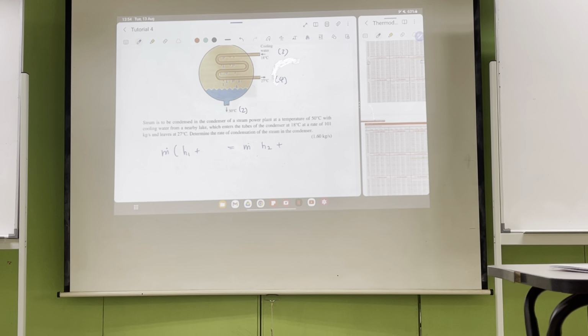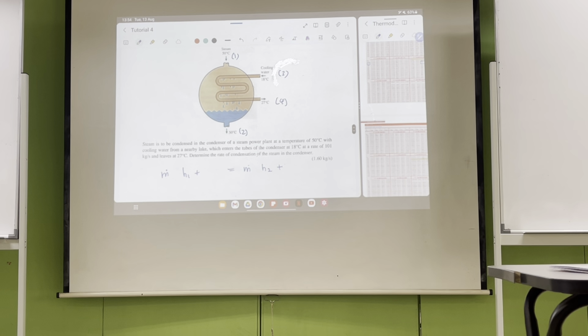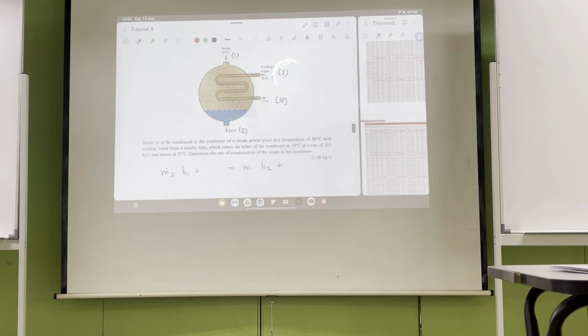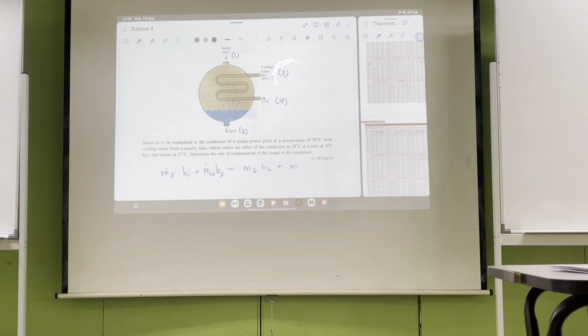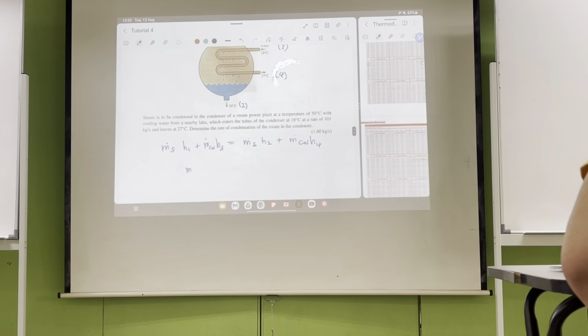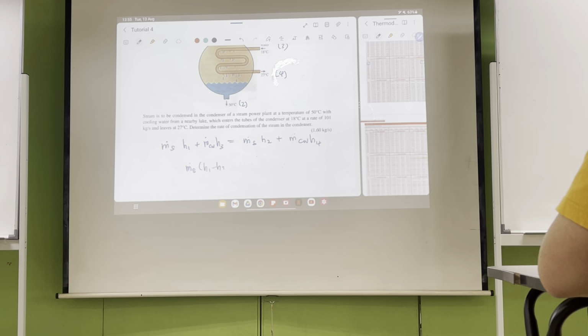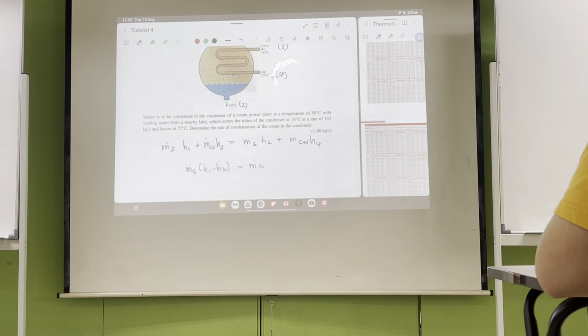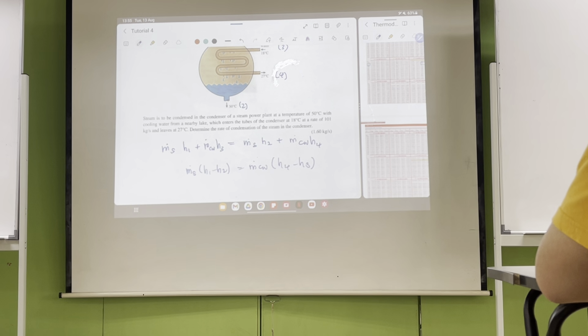H1 is actually for the steam, right? Let's call it steam. This is for the cooling water, H3, they have different rates. So if you move that around, then you get m dot s times (H1 minus H2) equals m dot Cw times (H4 minus H3). Now I will settle the one on the right first.